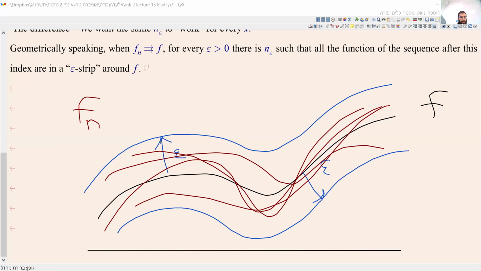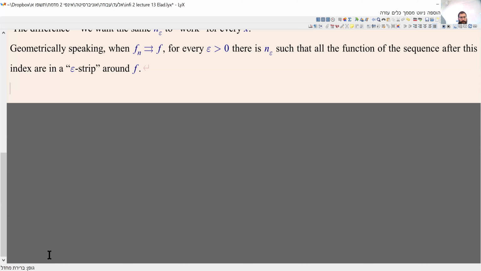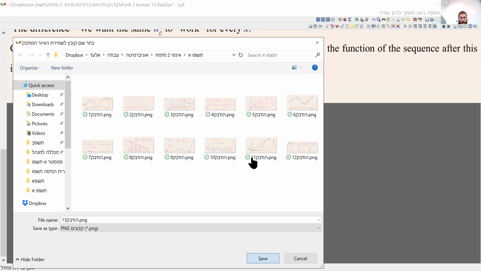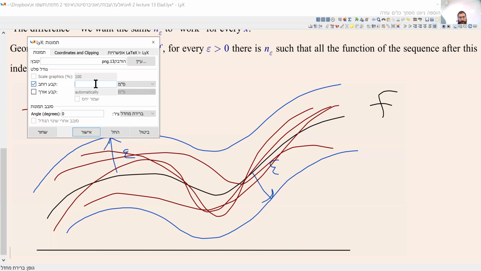Listen up. And now. Shift S. Scaling. Okay.